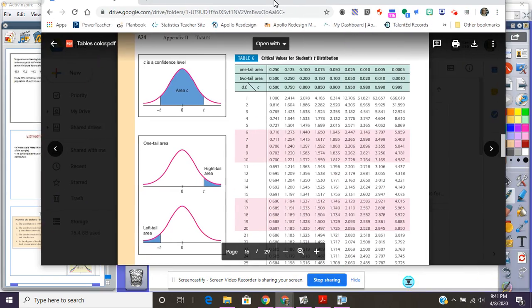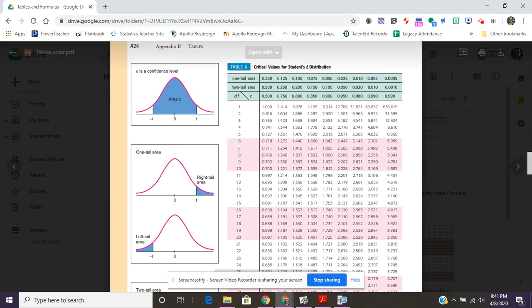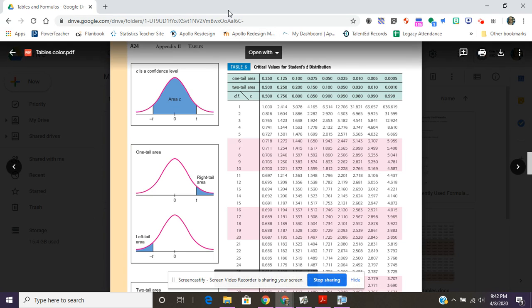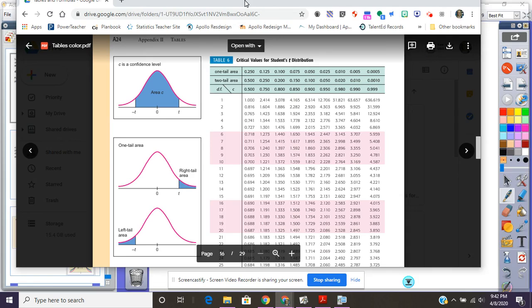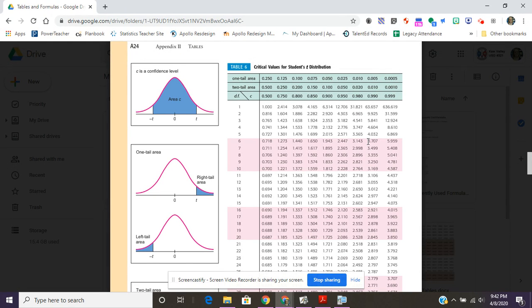I'm going to pull this one over here. n is 7. So we go one less than that because remember our degrees of freedom is n minus 1. So we're going to look at the top of this pink row. And then we were wanting a 99% confidence interval, not 99.9, but 99. So our tc is 3.707.